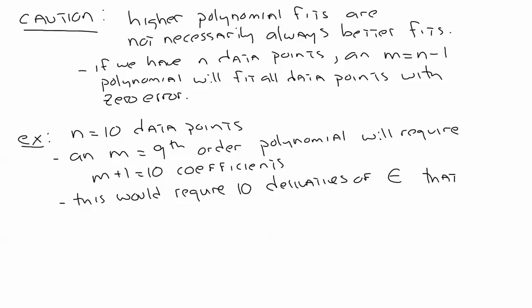And I haven't shown you what epsilon might look like for a 10th order polynomial fit, but epsilon in this case is a collective squared error term for some higher order polynomial. So this would require 10 derivatives of epsilon that would all be set equal to 0.